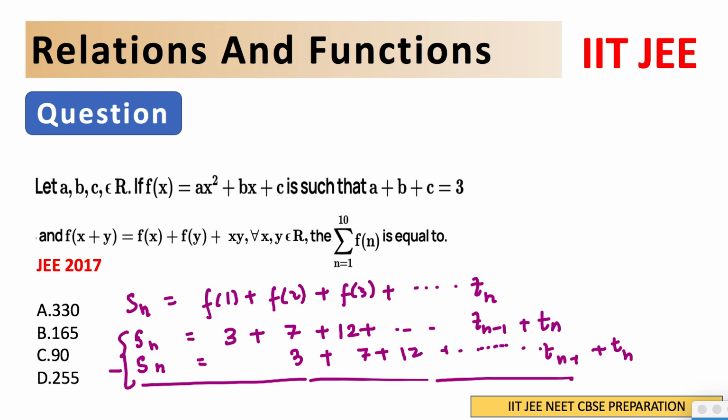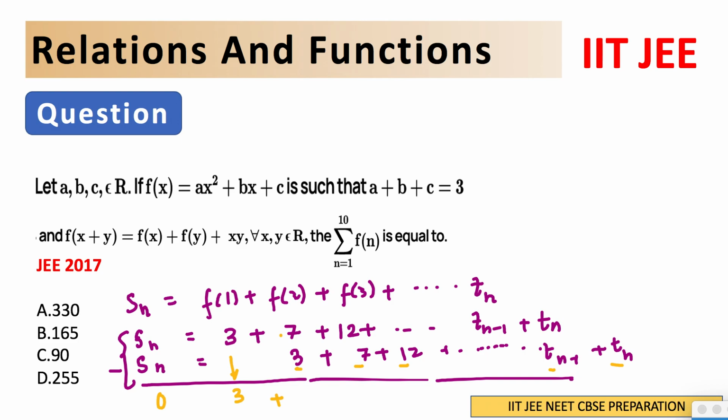So what are we going to get? Let me write it down here. Sn minus Sn will become 0. Here 3 will be copied as it is, and all these terms will be minus.